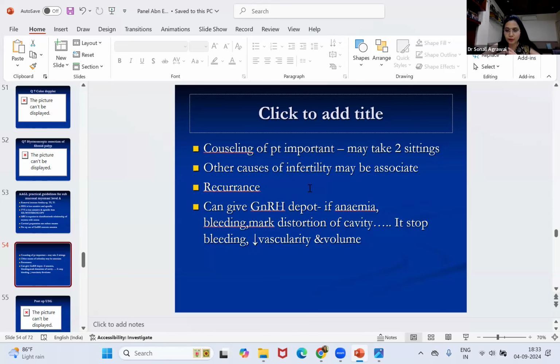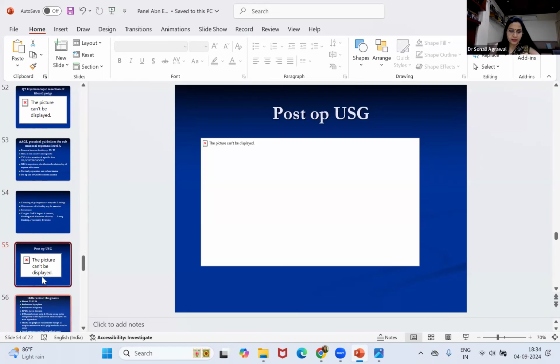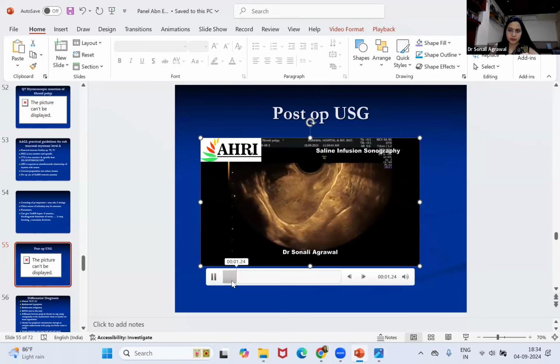Sometimes this fibroid polyp originates from the myometrial wall, and we are able to chop off only the superficial part, and then after some time it came up in a subsequent ultrasound. So it can take 2 sittings. These are all practical points we should keep in mind.